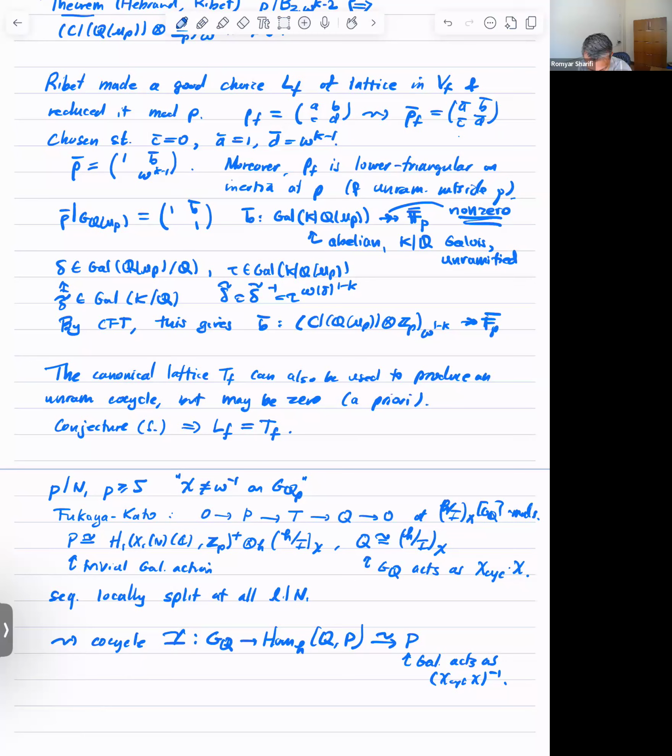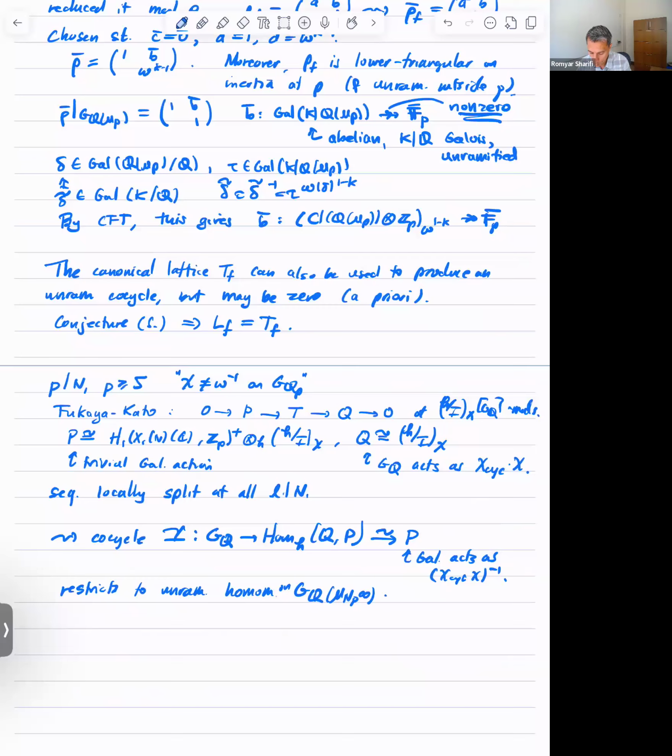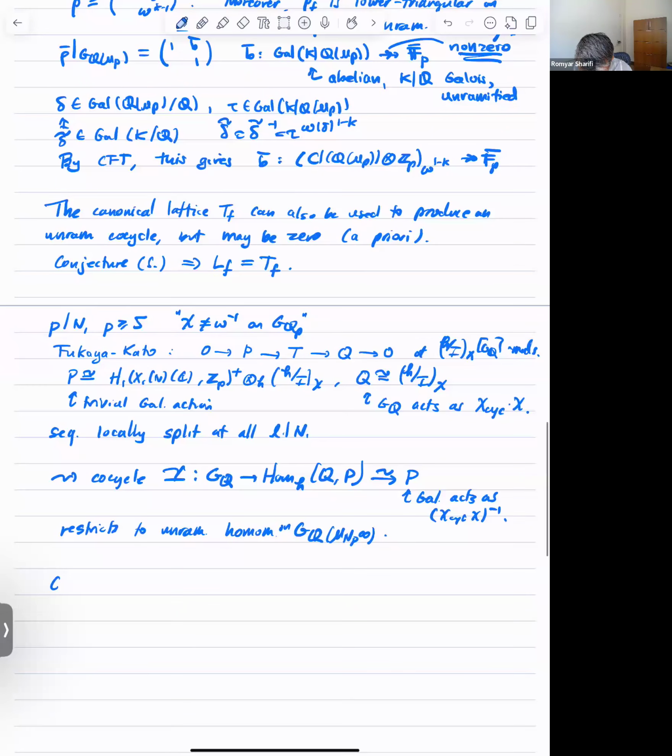Its restriction to G_{Q(mu_N)} is now unramified, kind of, to an unramified homomorphism. You actually have to go all the way up the p cyclotomic tower, so that's kind of inconvenient. But it restricts to an unramified homomorphism on this group. More precisely, it gives us a map upsilon from some H^2.